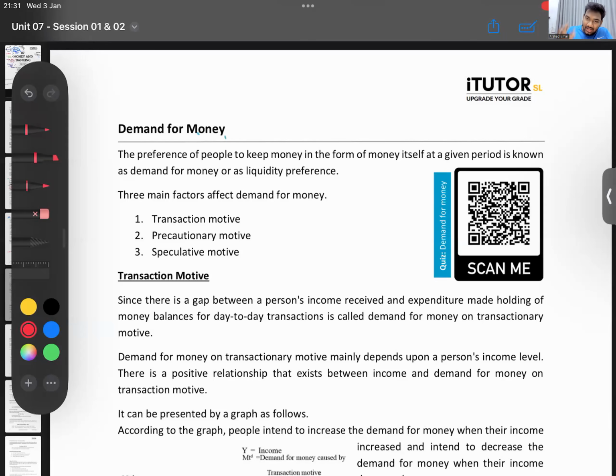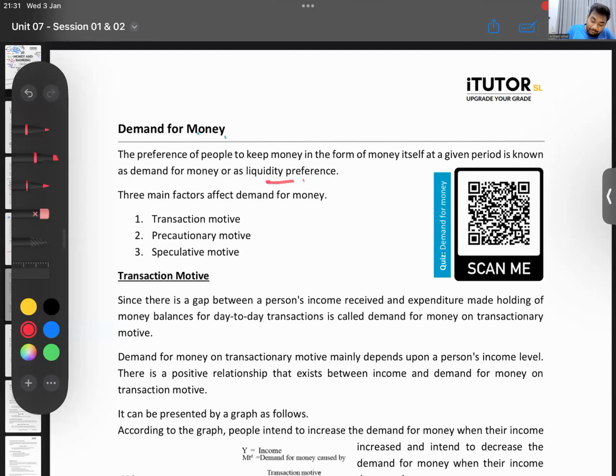How much money are people willing to keep with them in the form of cash? Now, some of your money, you put in the bank, you buy land and keep, you buy gold and keep. Not those. How much money you're willing to keep with you in the form of cash? That is what you call demand for money. Or in other words, we call it liquidity preference.